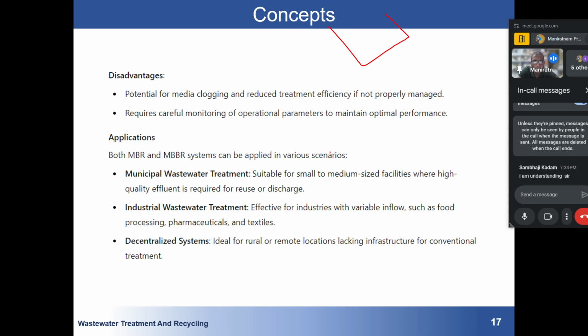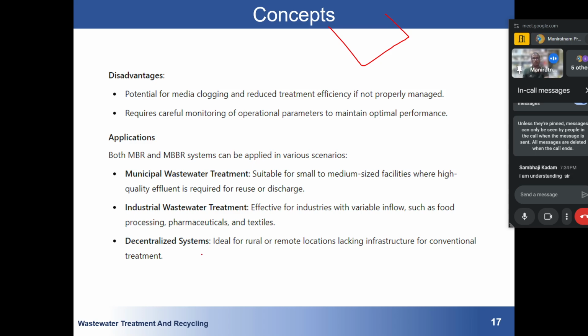And one thing is that they are getting huge funding. They invest in these advanced technologies suitable for small to medium facilities, industrial wastewater and decentralized systems.